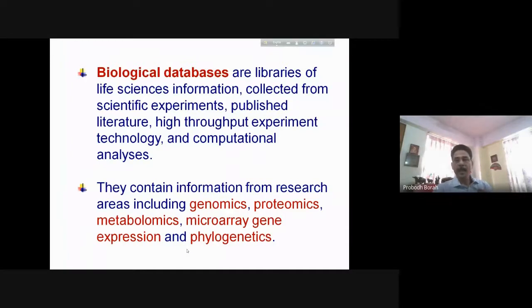Now, the journey of bioinformatics started with the development of biological databases.